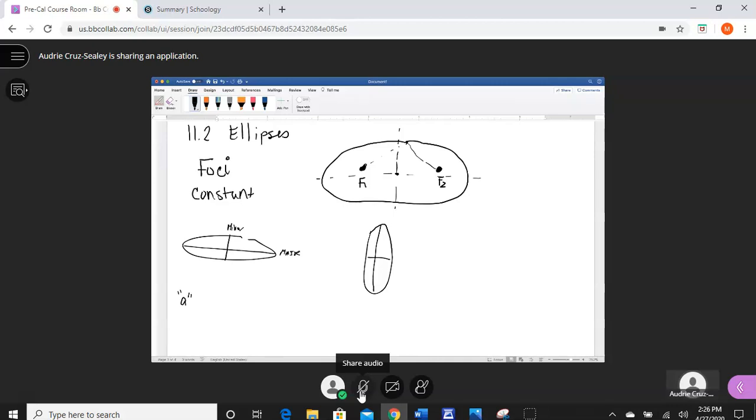At the very bottom of page 124, A is the distance from the origin to a point on the major axis. Okay, A is always associated with the point on the major axis. The points on your major axis are your vertices. So that's vertex 1 and that's vertex 2. If we were doing it this way, that would be vertex 1, vertex 2.